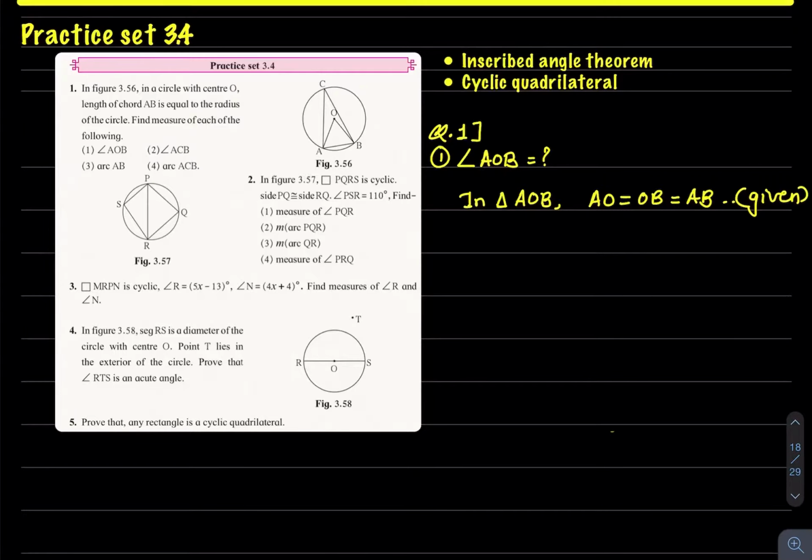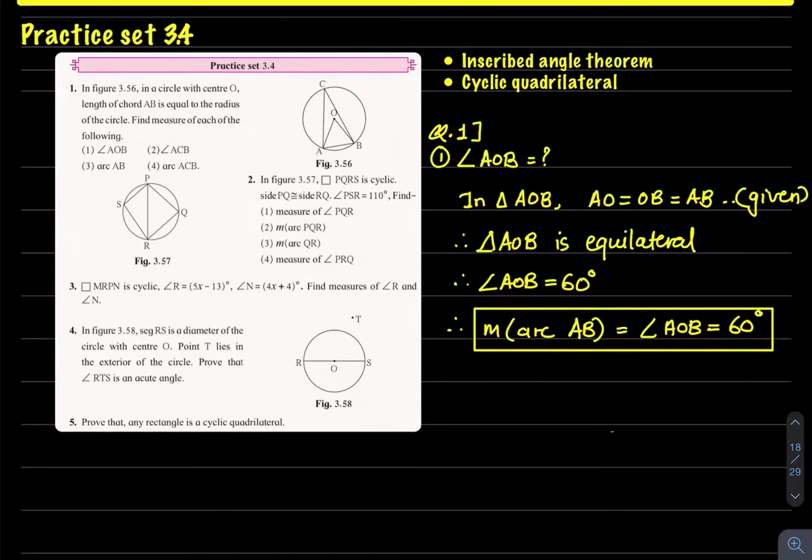So triangle AOB will be an equilateral triangle, and we know an equilateral triangle has each angle of measure 60 degrees. So angle AOB will be 60 degrees. So measure of arc AB will be the same as angle AOB, which is 60 degrees. So here we get the answer of the third question.